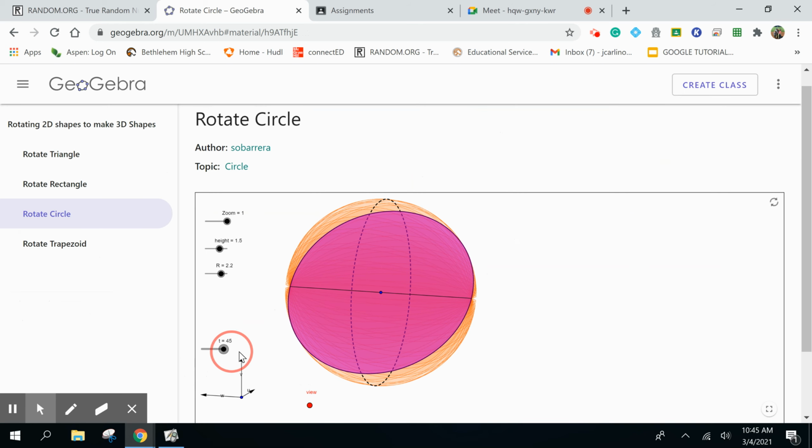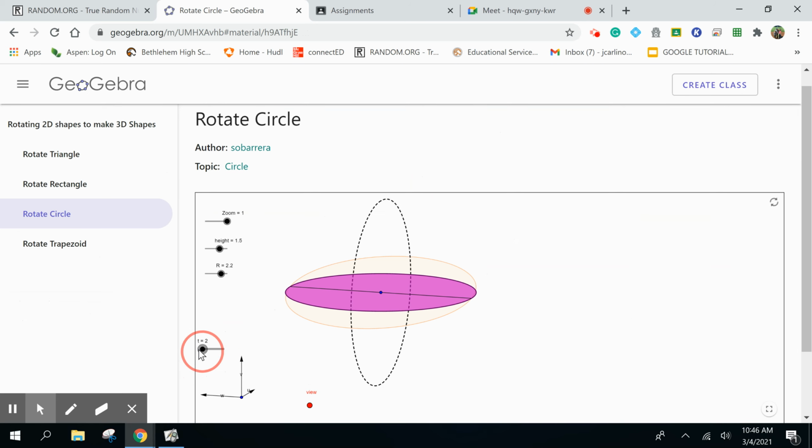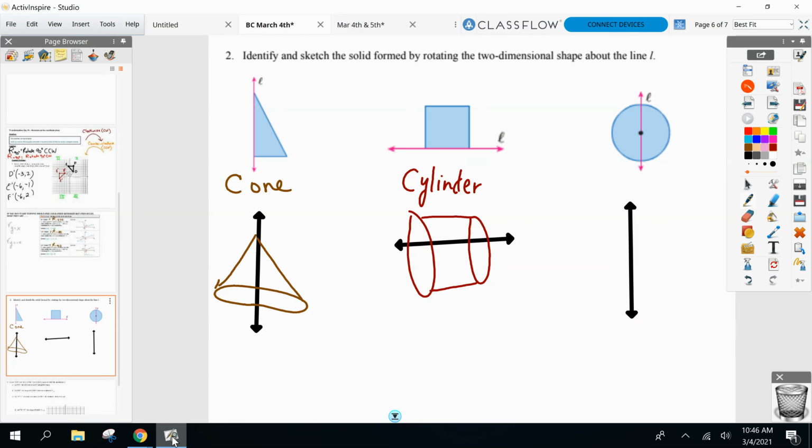Look at that. Yes, there it is, the sphere, when I rotate it all around. Okay, the sphere. There you go.